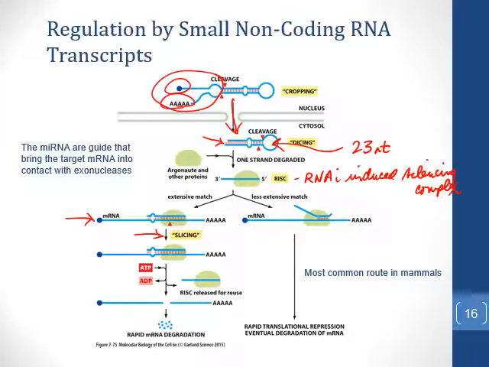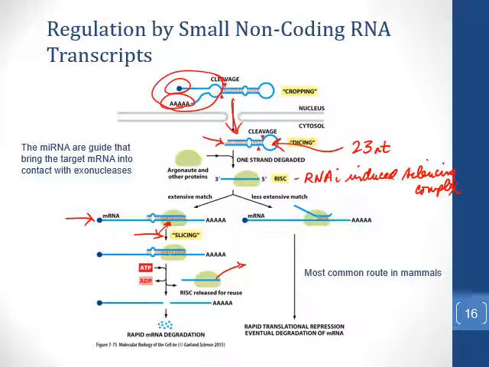And once you get slicing, you can see clipping right here on your target RNA. Once you get slicing, then the microRNA and the Argonaute proteins and other proteins are released, and this RNA can be degraded. But now remember, this is going to be taking place in one of these P-bodies.